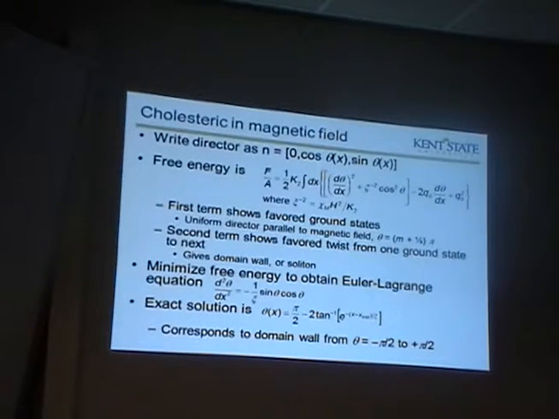Mark was telling us stories about both a three-dimensional nematic and a two-dimensional nematic. In the three-dimensional nematic, the director can point anywhere in three-dimensional space. In the two-dimensional nematic, the director is confined to the XY plane.